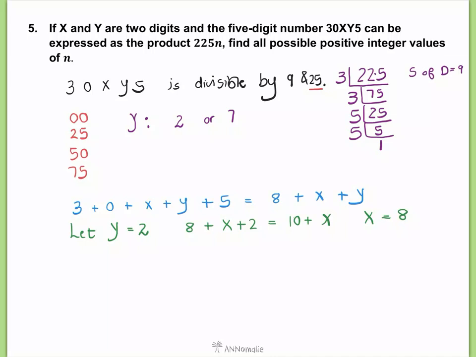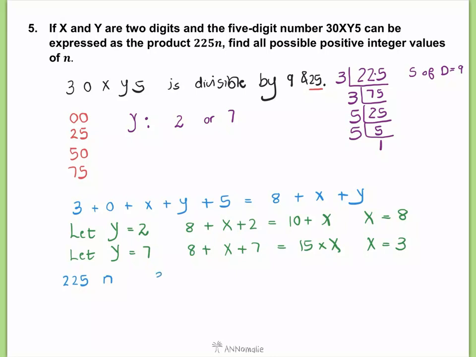If we let y equal 7, we have 8 plus x plus 7, which is 15 plus x, and then the only value for x is a 3. And we're looking for the values of n. So we are going to say 2 to 5n.